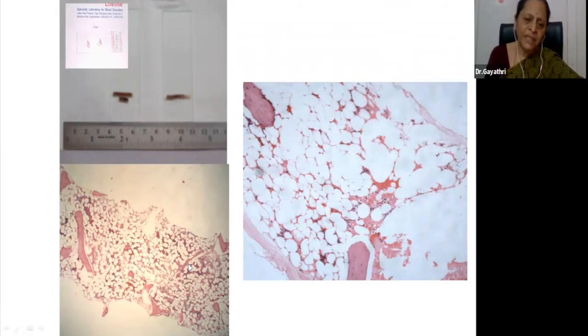Marrow can be patchily cellular, so you can find foci with this kind of hypocellularity. And so unless it is an adequate core, which should be at least 1.5 centimeters of medulla, ignoring the subcortical marrow, unless that is available, you cannot authentically diagnose a hypoplastic marrow.